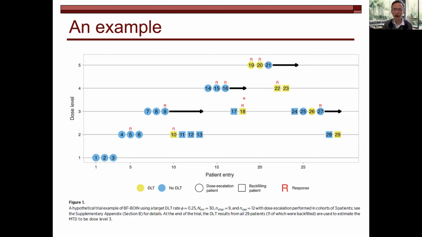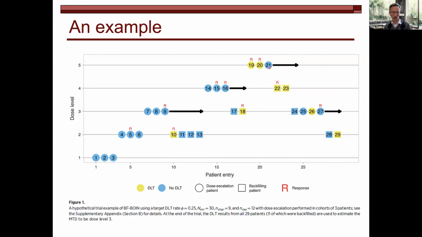After patient 18 was backfilled, the cohort of patients 14 to 16 had already completed DLT assessment, still with no DLT. So the next cohort is going to be treated at a higher dose, dose level 5.